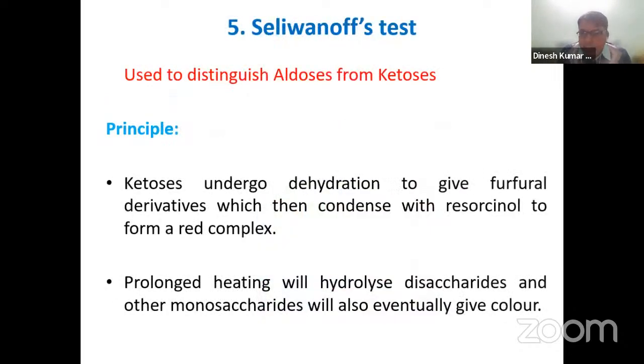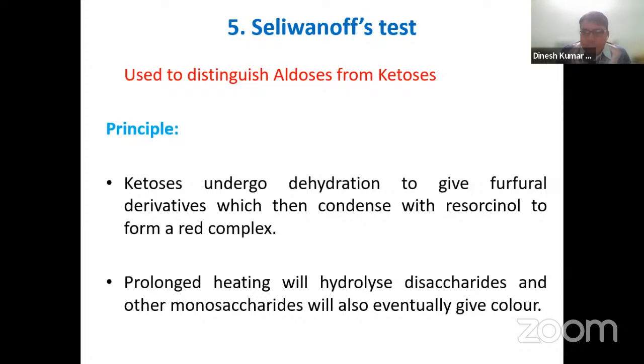Now, till now we have done that the sugar is reducing, and suppose it is a monosaccharide. So the monosaccharide can be again the fructose or the glucose. So the Seliwanoff test is done to find whether the sugar is an aldose or a ketose. This test is positive for ketose sugars.